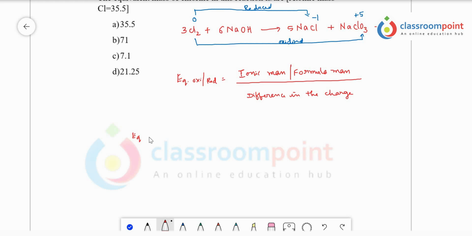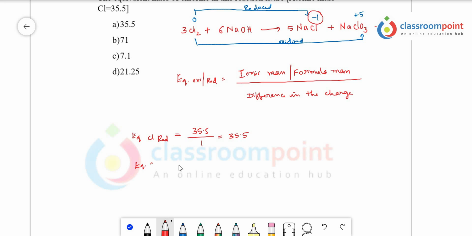So here in this chlorine reduction reaction, or it is also called as oxidizing agent, then in this case each chlorine atomic mass is 35.5. I am taking only the one chlorine atomic mass, and the charge carried by each chlorine is only 1. Here it is 0, difference is only 1. So 35.5 by 1 is equals to 35.5.